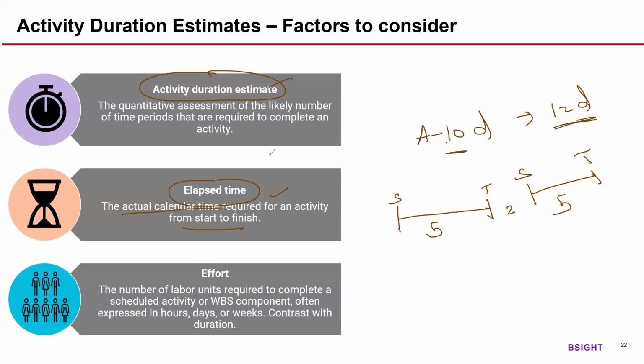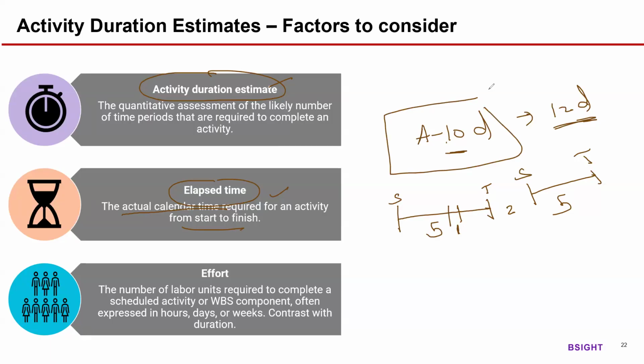Question. Assume there was a holiday in week 1, so there was a 1-day holiday in week 1. Type in the chat box: if the duration of activity A is 10 days, what will be the elapsed duration of activity A?